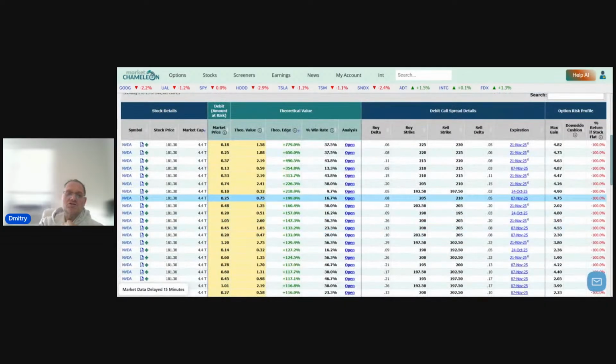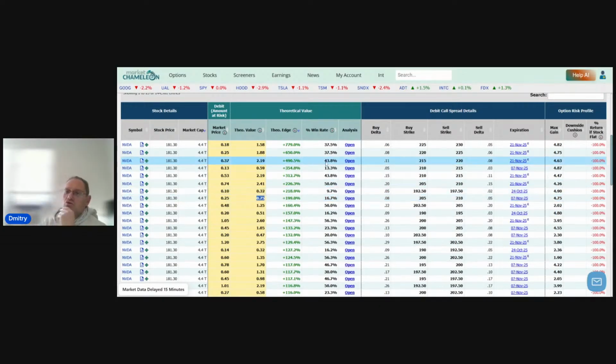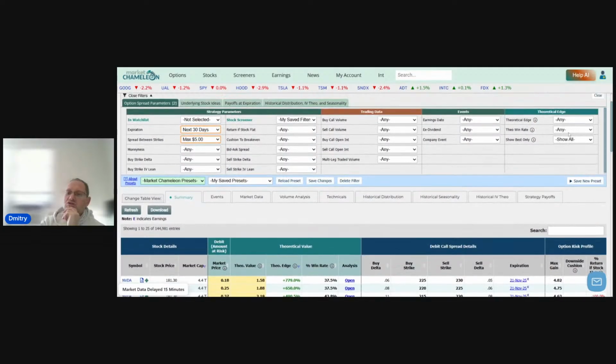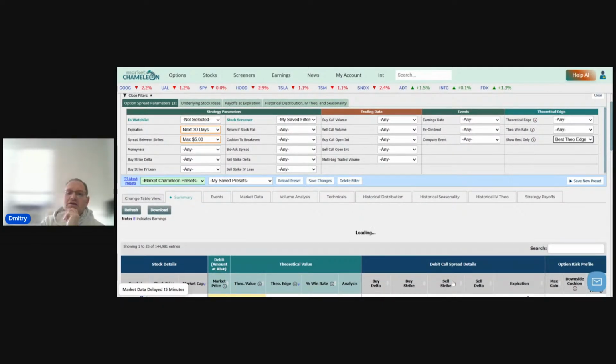The theoretical edge is saying, okay, if we compare the market price to a theoretical value, let's say the average value of those historical moves, we could just say, show me best by theoretical edge. We click on that, and then it will pick the best theoretical edge for each of these symbols in our table, right? So right now it's doing that.